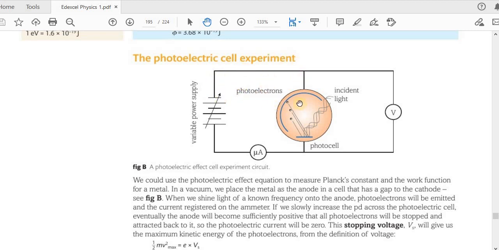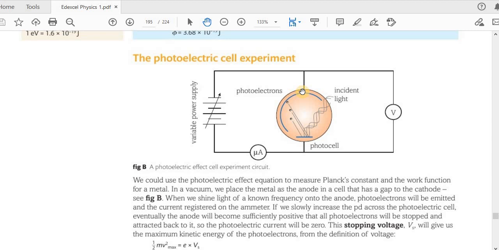Negative and negative repel. So there will be a point where the potential difference across this is large enough to prevent the electrons coming to this side, because if you make this side more and more negative by adjusting the variable power supply, the photoelectrons emitted from here are repelled. They will not be able to come to this side because of the high negative repulsion.